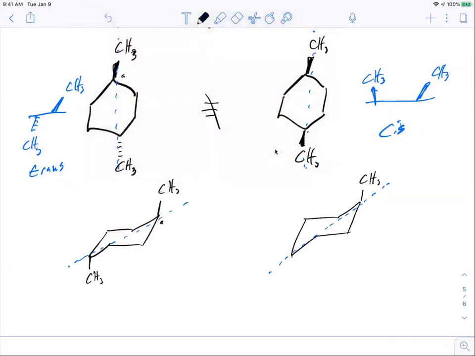Now, if we think about it, we have this position and that position. Which one is going to represent that these are on the same side? The axial position going down or the equatorial position? If we look at that blue dotted line there, right, it's going to be the equatorial position. So the cis has both of those CH3s on the same side.